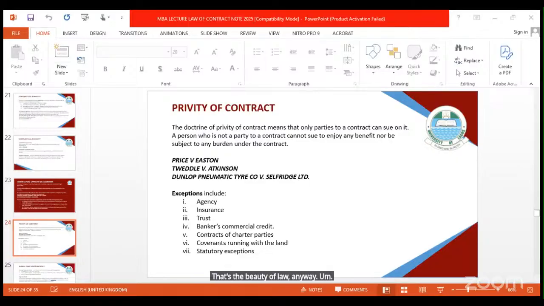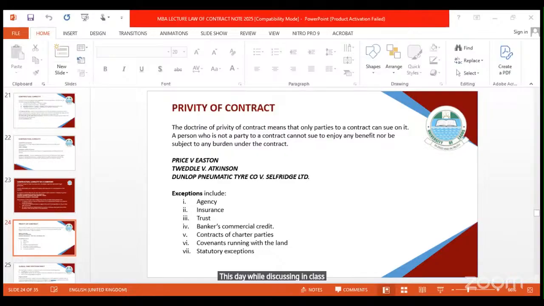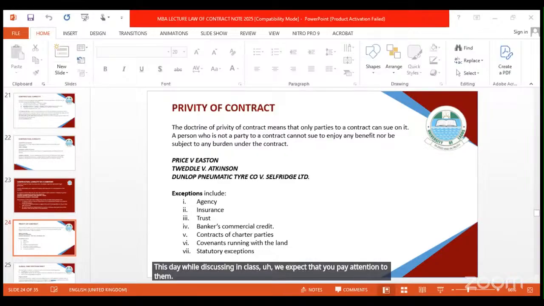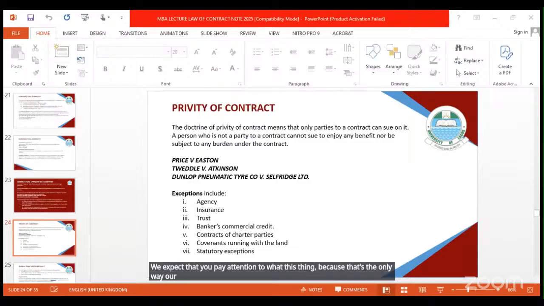And what I expect is that in the course of your practical dealings, in your day-to-day activities as businessmen and women, this thing we're discussing in class, you pay attention to them. Because that's only where our lectures and our interaction here will have meaning.